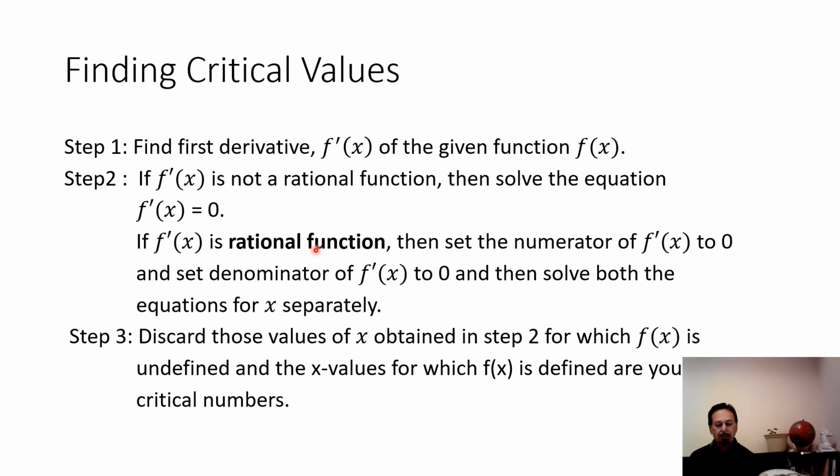If f prime of x is a rational function, then set the numerator of f prime equal to 0 and set the denominator of f prime of x equal to 0, and then solve both equations for x separately. Discard those values of x obtained in step 2 for which f of x is undefined, and the x values for which f of x is defined are our critical numbers.